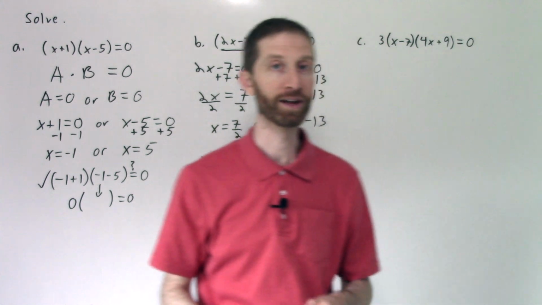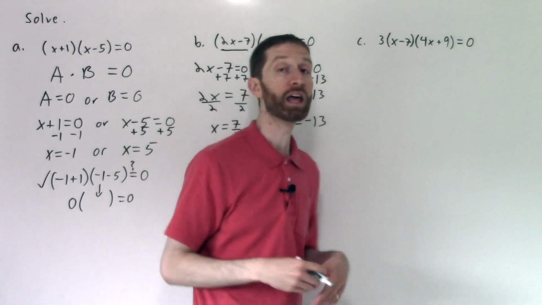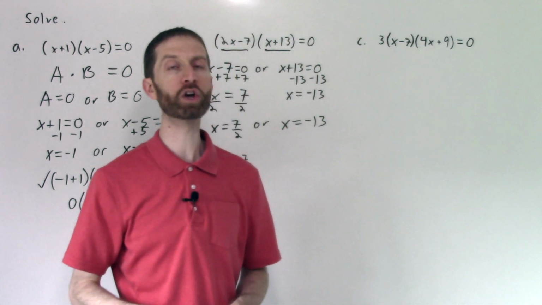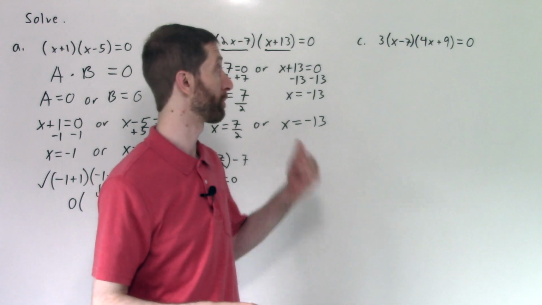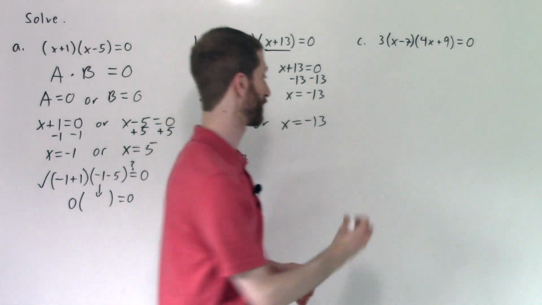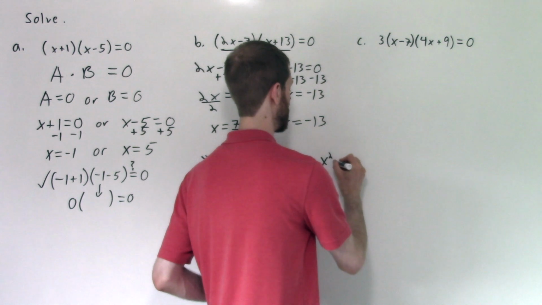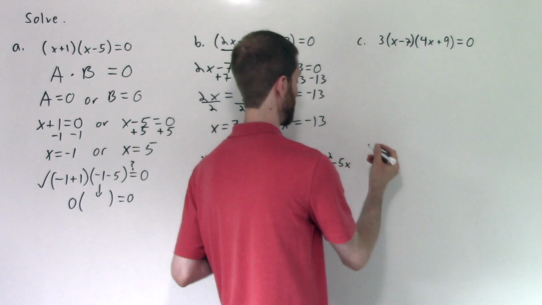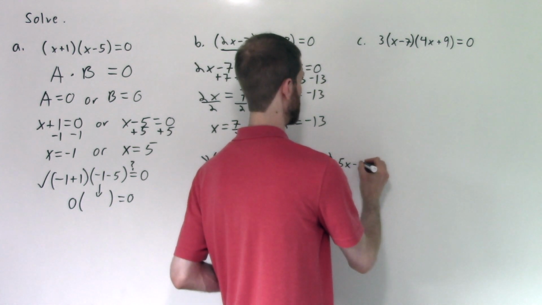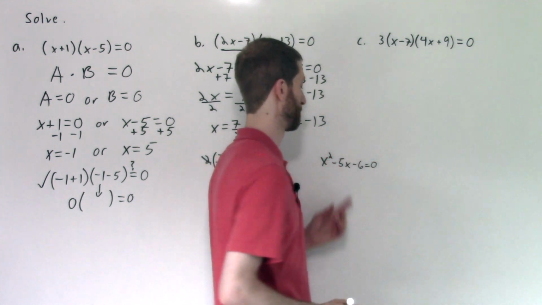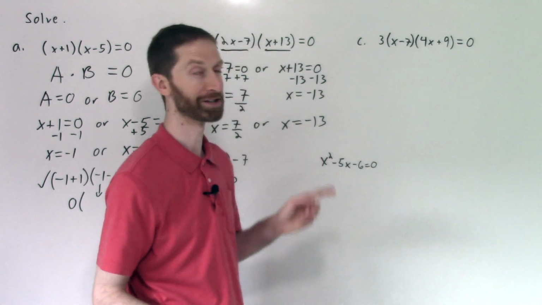Zero product property. All right, one last one, and then in the next video after this one, we're going to go over how to use the zero product property to solve equations that look like this. x squared minus 5x, let's say that's, I don't know, minus 6 equal to 0. I wonder how we do that. It's going to be cool.